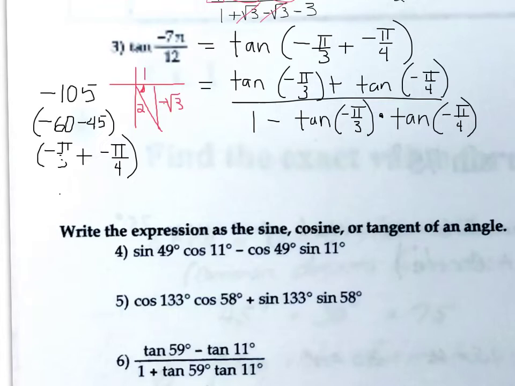So is it negative 3? Because the opposite is negative square root of 3 and the adjacent is 1. No, the opposite to the 60 is negative square root of 3, and this is the adjacent. So tangent of negative 60 is negative square root of 3.